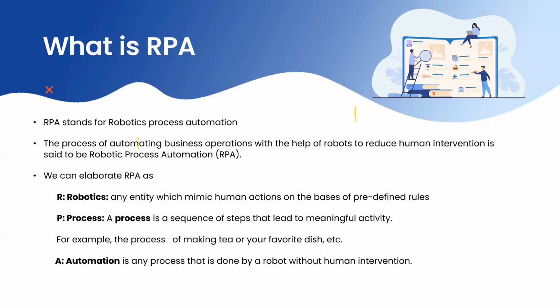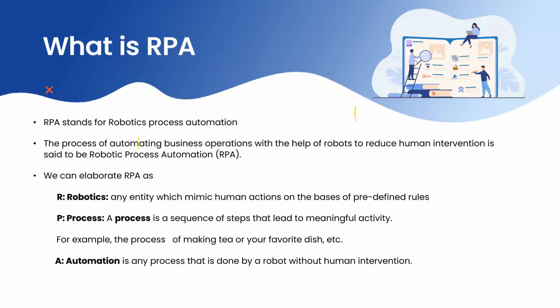If I do the first task at the end and the last task at the first, I will not say this is a process, because it will not lead me to a meaningful activity, or it will not give me a fruit. So a process is like: I'm doing the first step, second step, third step, and while doing these steps, I am going to an end result which will be fruitful for me.